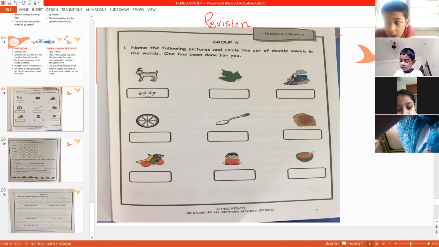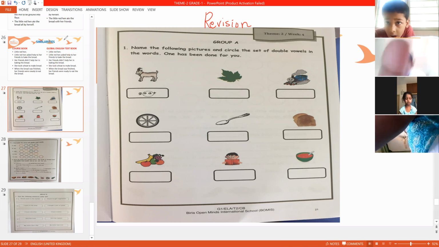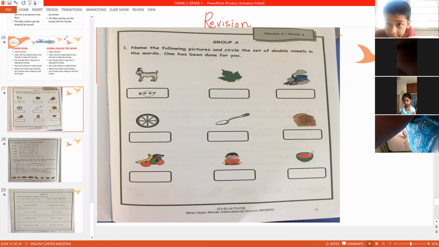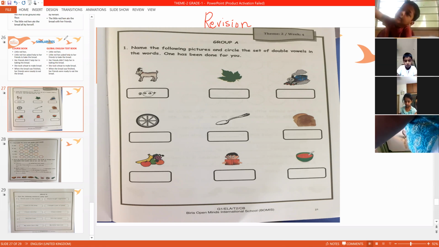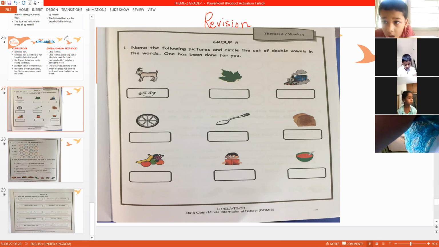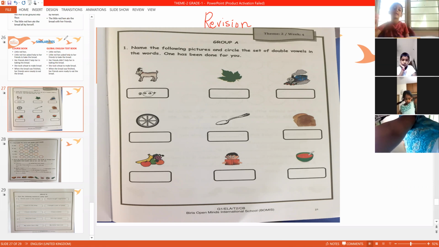Before going to do this sheet, let us discuss, children, what is a vowel? What are vowels? A, E, I, O, U are vowels. Now, double vowels.